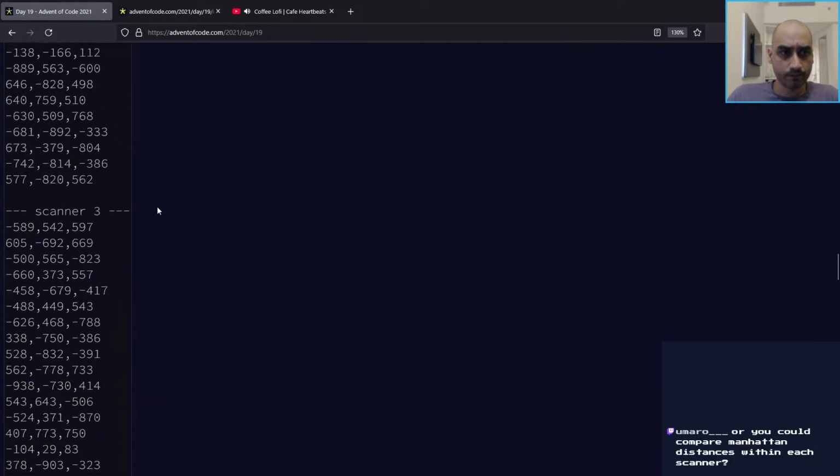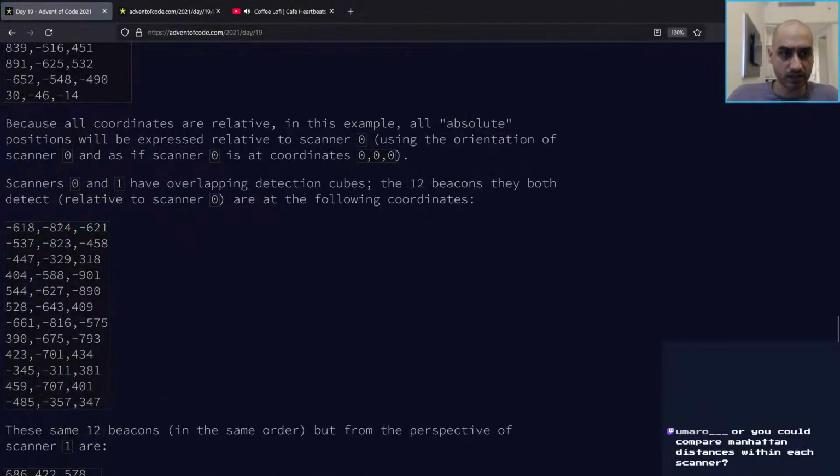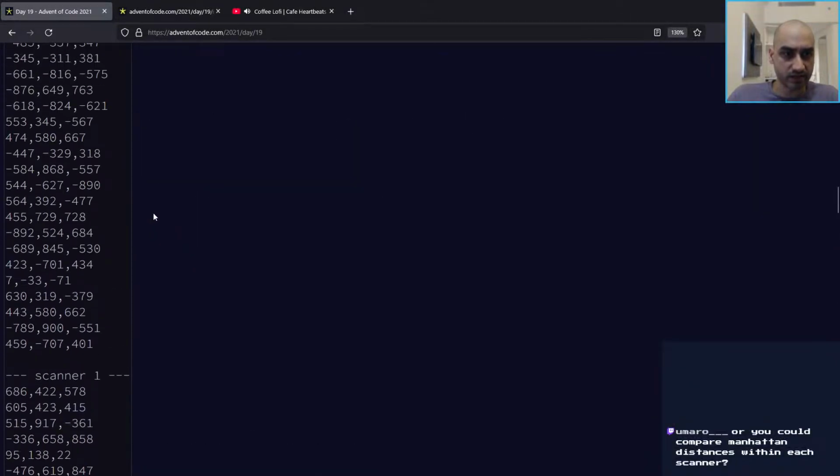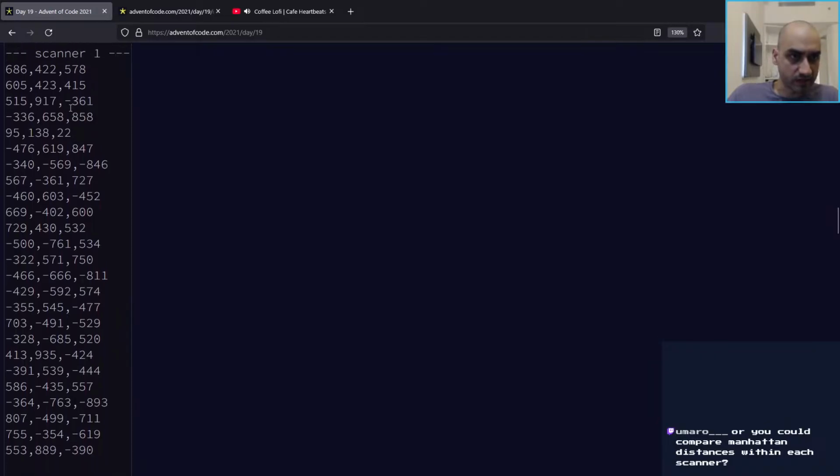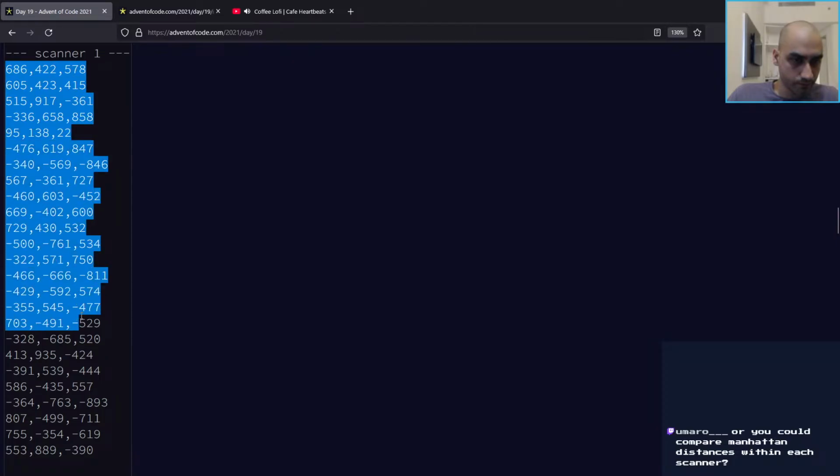So it shouldn't. 618. I wouldn't expect to find it in scanner 1 because it's not relative. So let me just check if it's actually there. No. Okay, fine.